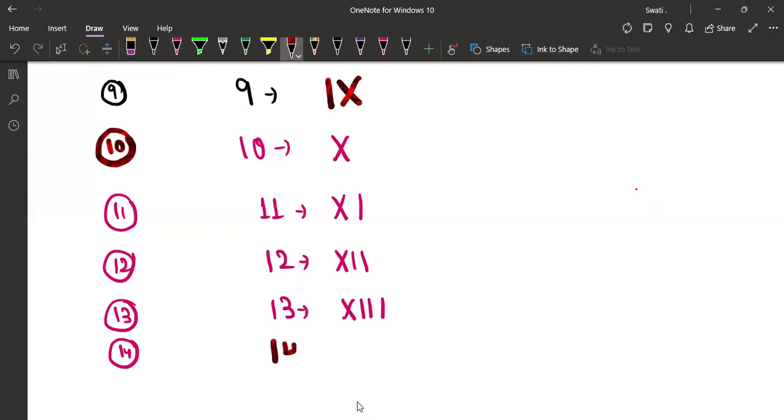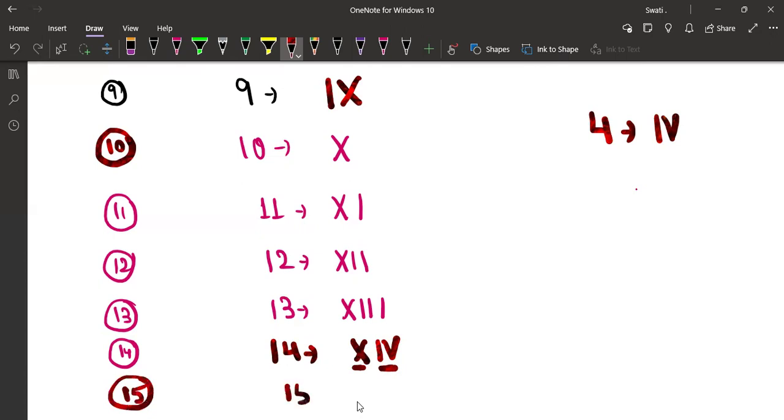Can I not write 14 as X, which is 10, and directly the symbol of 4? What was the Roman symbol for 4? It was IV, right? So I can write X and then the symbol for 4 here. So what is 10 plus 4? It's 14. So I have got 14. I hope it is clear.